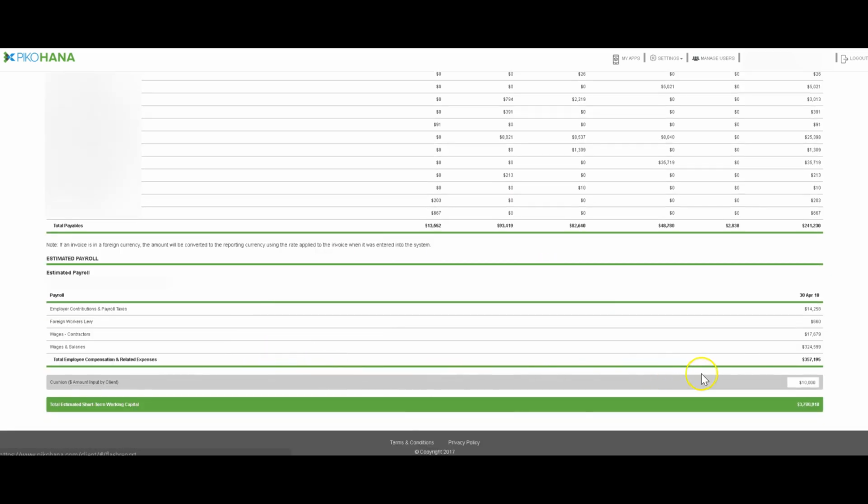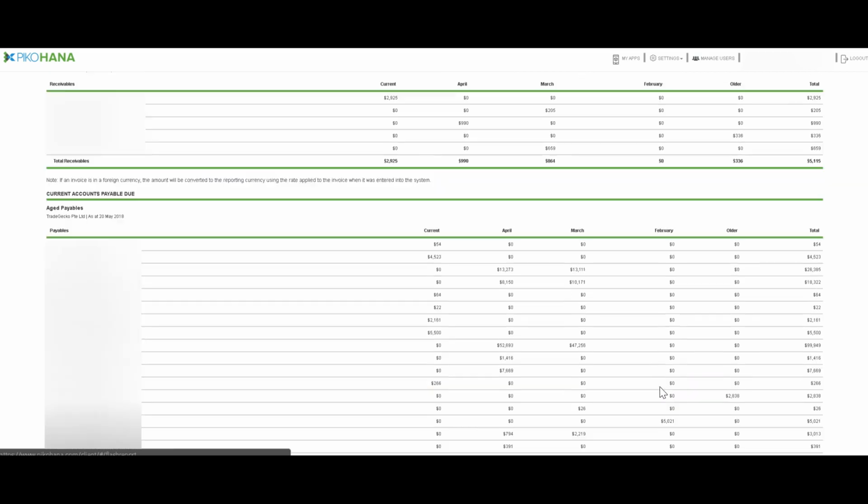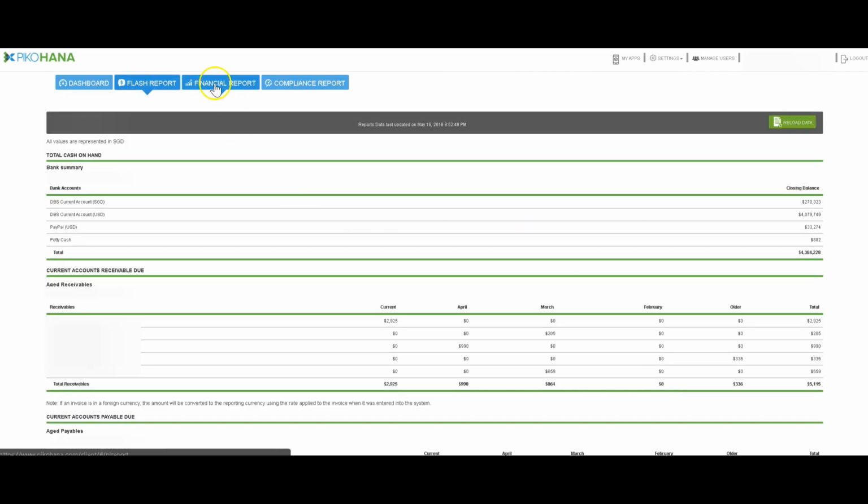What's unique about this is it gives you an estimated payroll for the period, which then in turn summarizes the short-term working capital view. And this is what your working capital situation is for the next 30 to 60 days. That takes us to the financial reports.